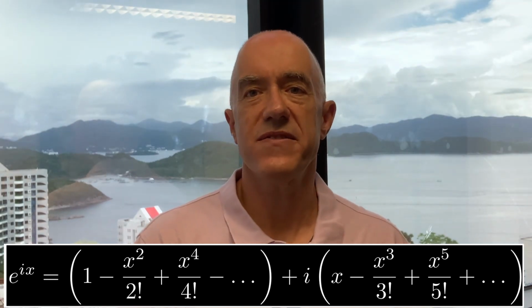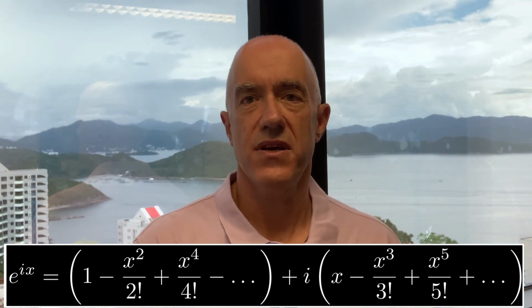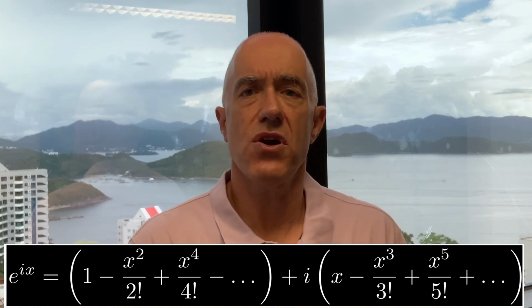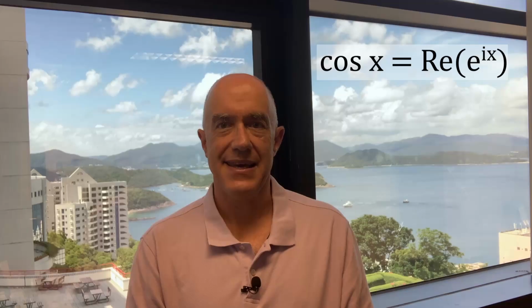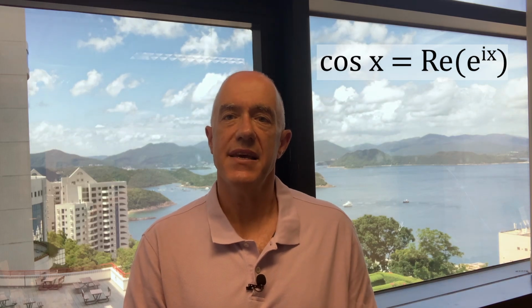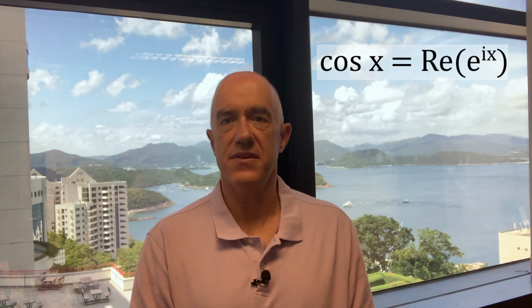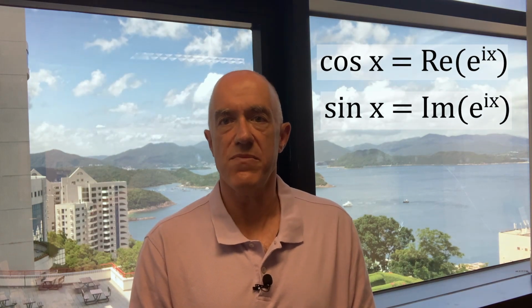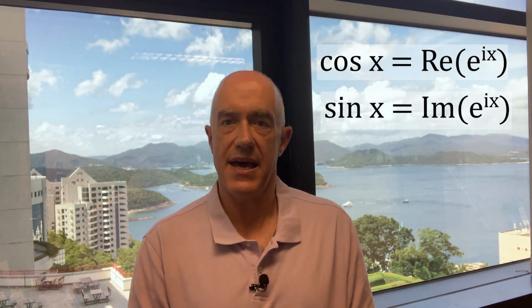So now we can define two real functions, which we'll call cosine and sine, pretending we don't yet know what those are. So cos x equals the real part of e^(ix), and sin x equals the imaginary part of e^(ix).